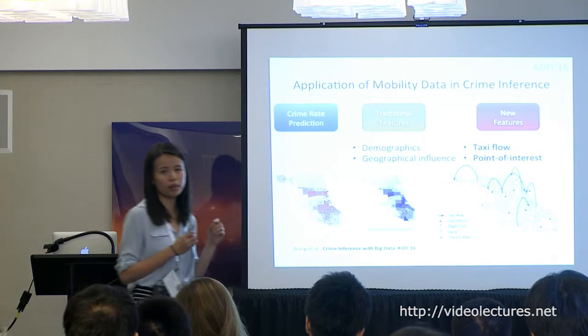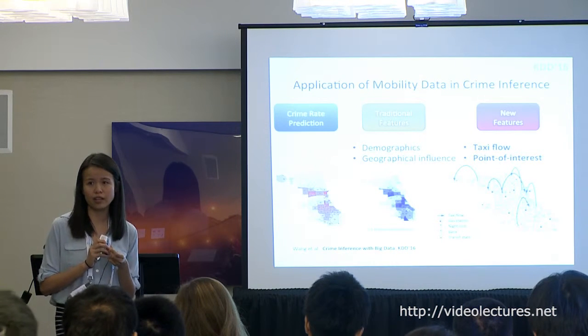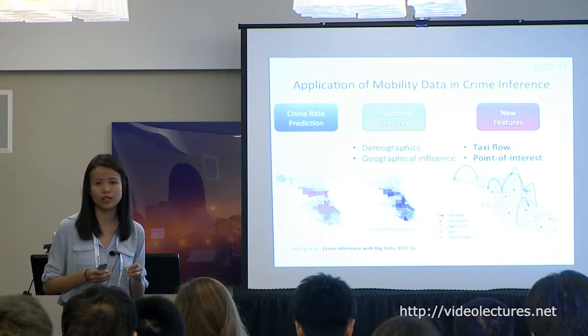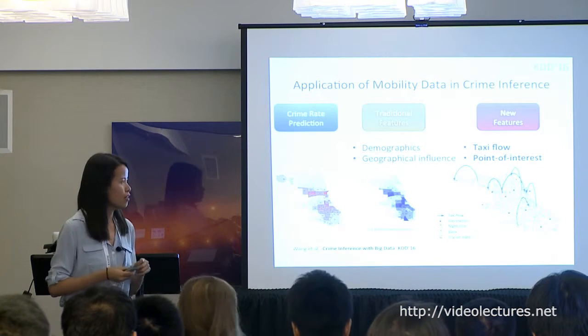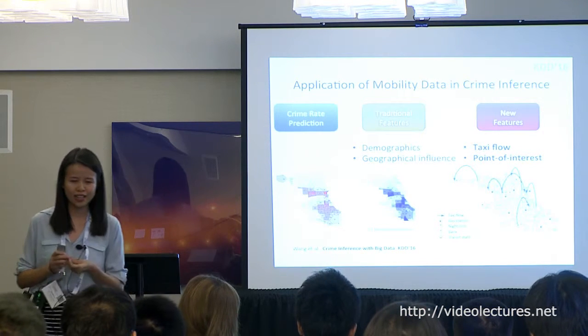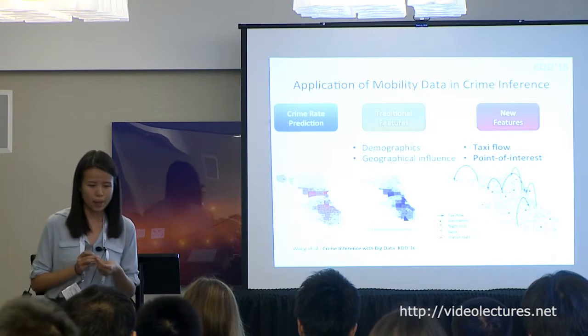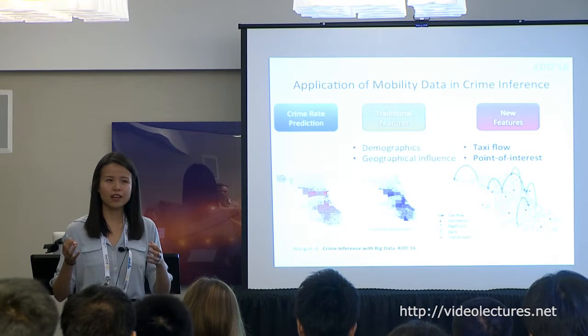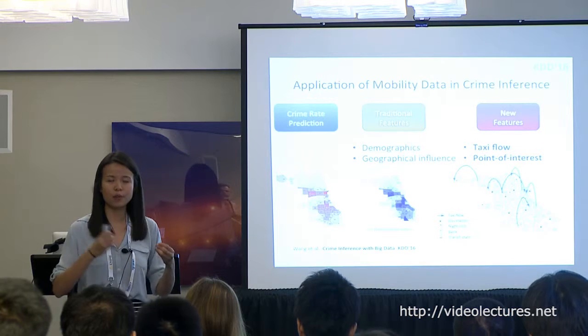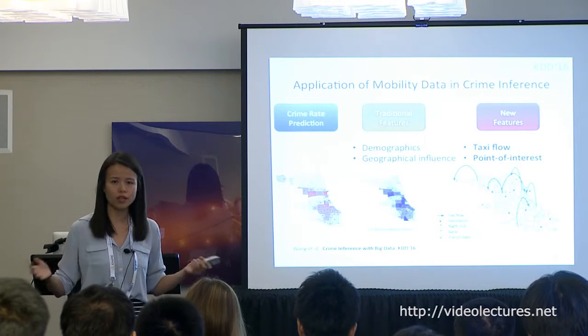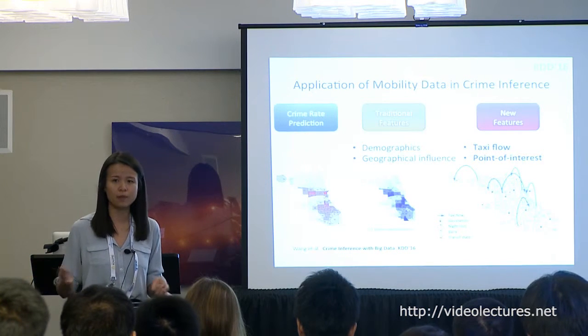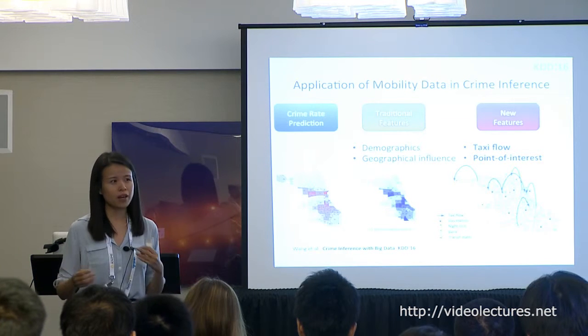The second data we use is the taxi data. As I just mentioned, there's a lot of public taxi data right now. And why do we think taxi data is new? Think about this. You may commute from your home to work, and these two locations could be far away, maybe a 30 minute drive.